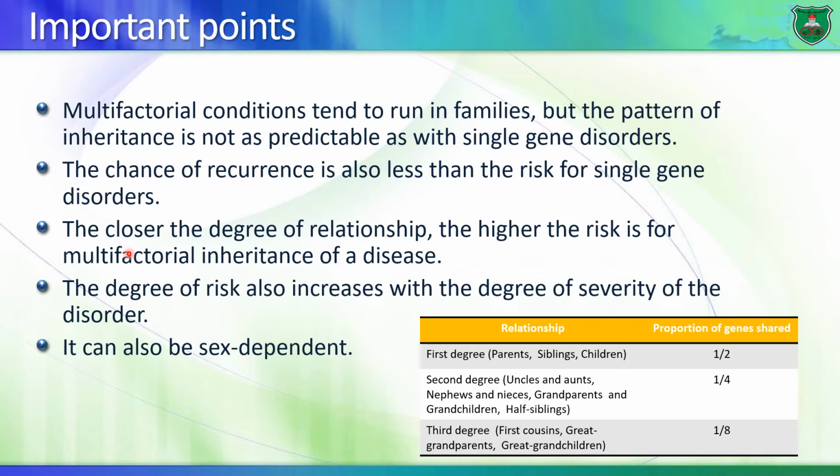If we're talking about a disorder like blood pressure, for example, and a father or a mother is affected and it is really severe, then there is a good chance that their siblings or children would also be affected, more than if a person has a mild blood pressure disorder. It can also be sex dependent, and we'll talk about that in a few minutes.